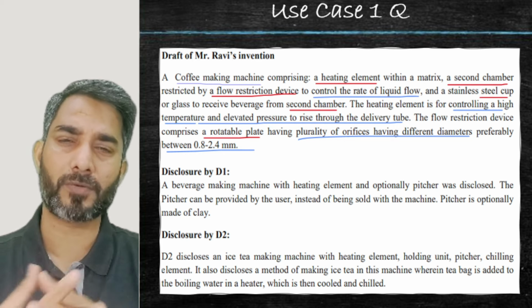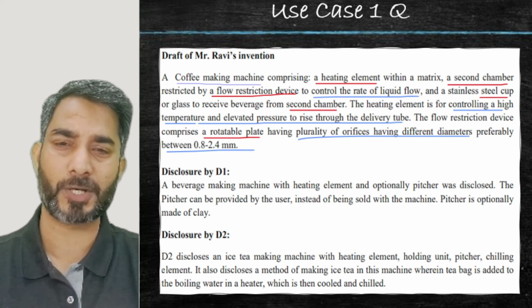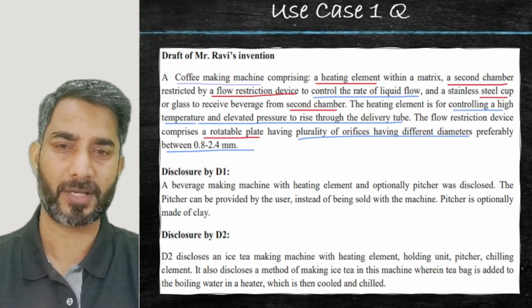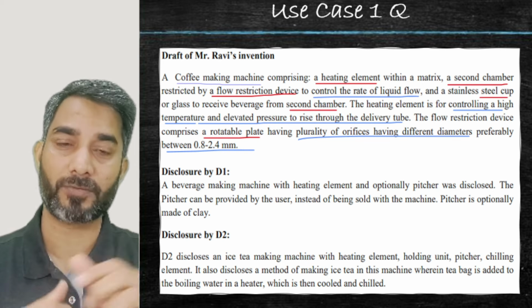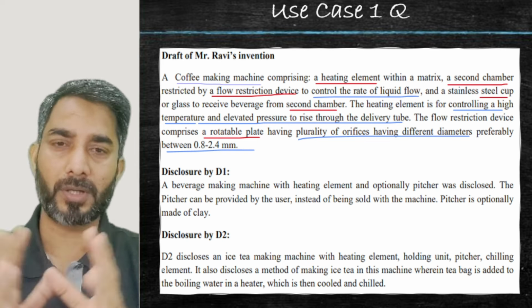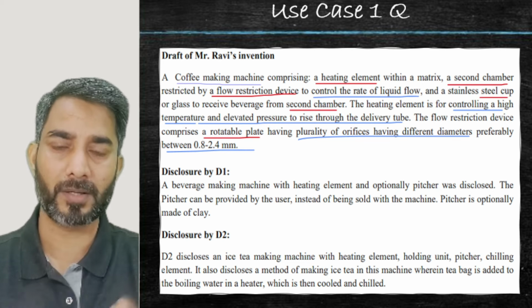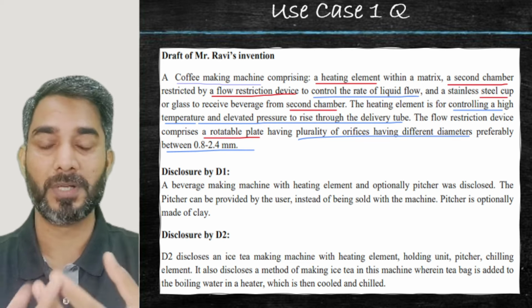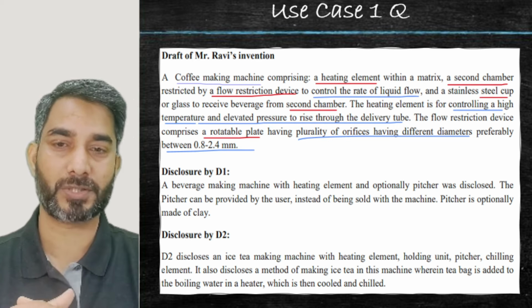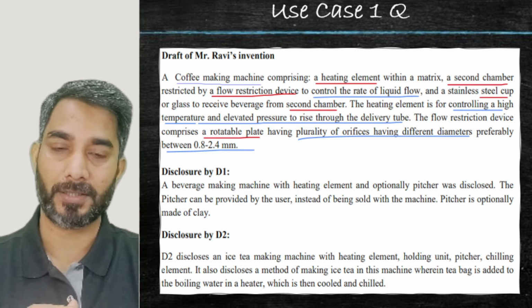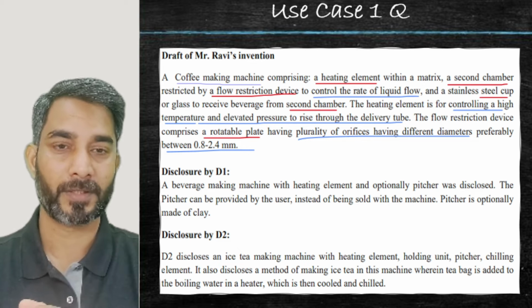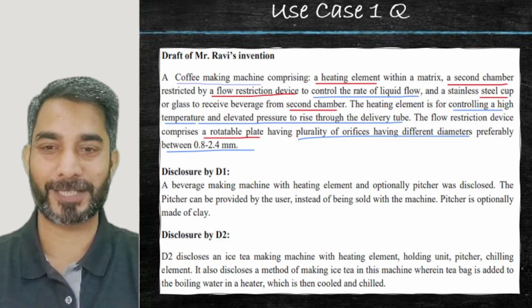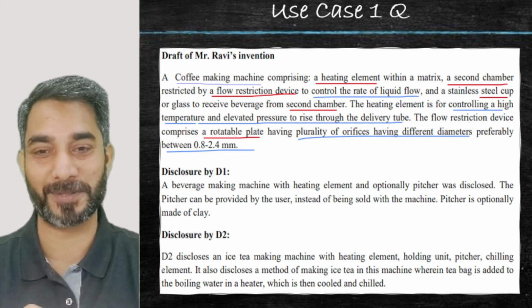But because this is a coffee making machine, and because you can control temperature, you can control pressure, you can control flow restriction as well, control the rate of liquid also. All in all, I will assume that it is improving the process of coffee brewing. It is some sort of technical advancement in the field of coffee brewing. That's the assumption, because there are 6 lines of invention that is given.